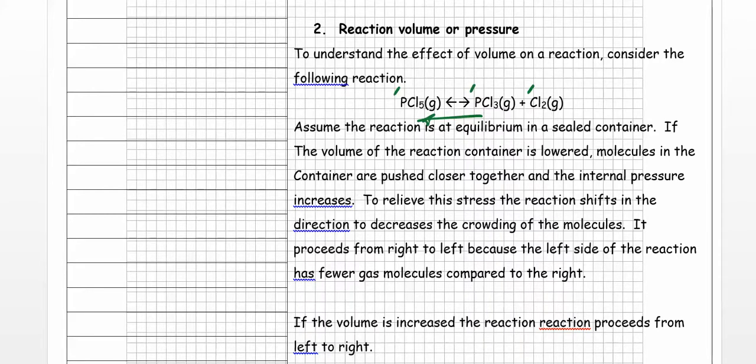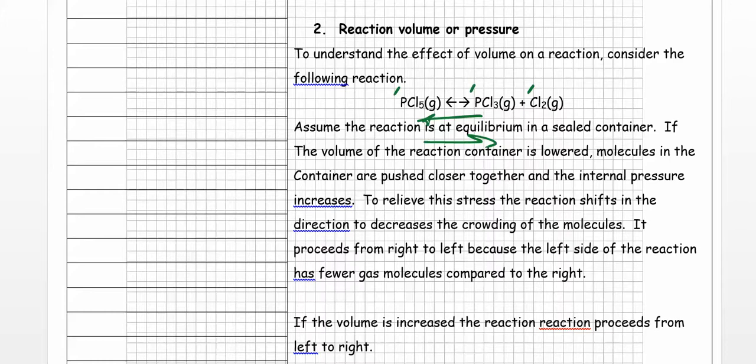Increasing the volume is essentially the same as decreasing the pressure. So if I decrease the pressure, it's going to shift toward the higher pressure side. It's going to shift that way. So I can either increase the volume or decrease the volume, and that's going to elicit a response via Le Chatelier's principle to the left or to the right.